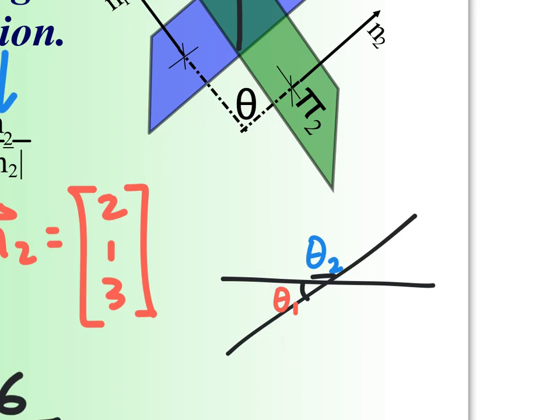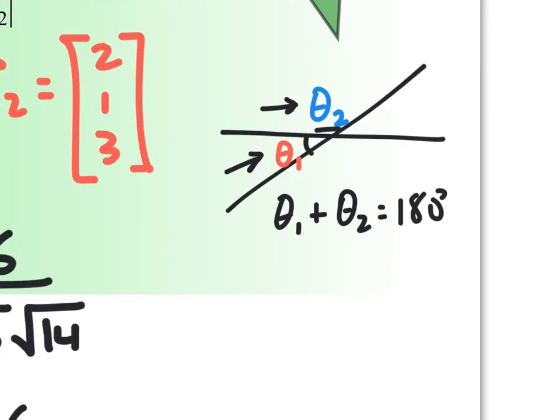So the question might ask you for the acute theta. So reminder that theta 1 plus theta 2 equals 180. If you get an obtuse theta, basically what you want to do is take 180 and subtract that obtuse theta, and that'll give you your acute theta. Okay, so just something to be aware of.